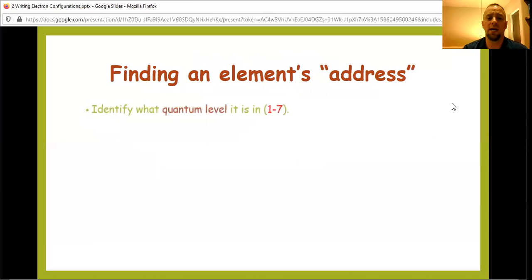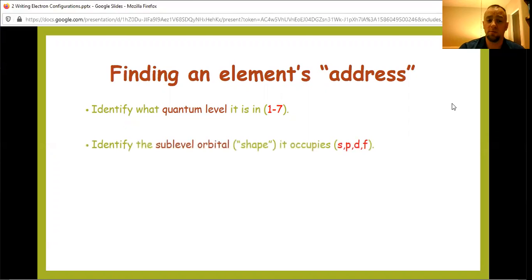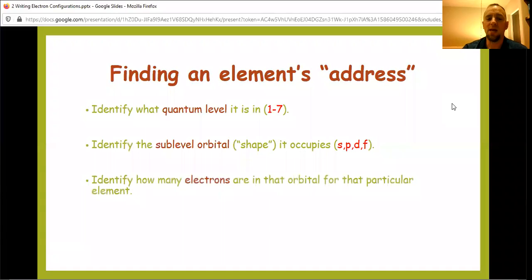So let's take a look at what identifies those quantum levels. Our quantum levels can be numbers 1 through 7. The sublevel orbitals, that shape, there are 4 main shapes that we'll look at: S, P, D, and F. And then we need to know how many electrons are in the orbital for that particular element.